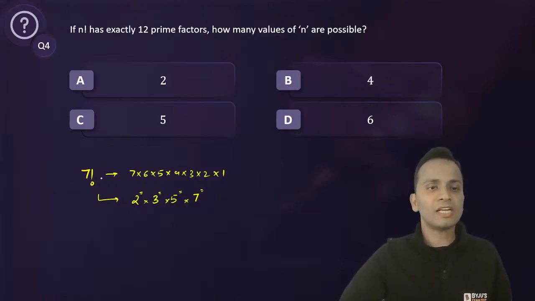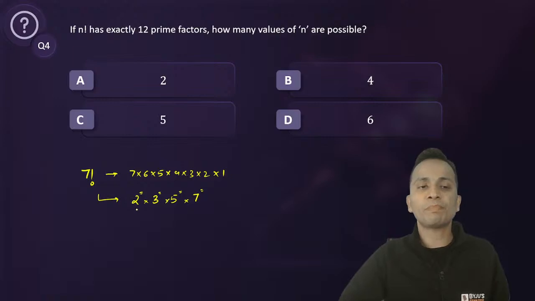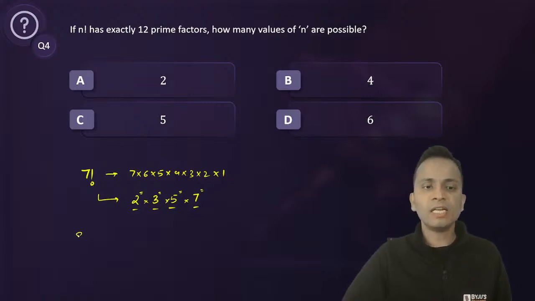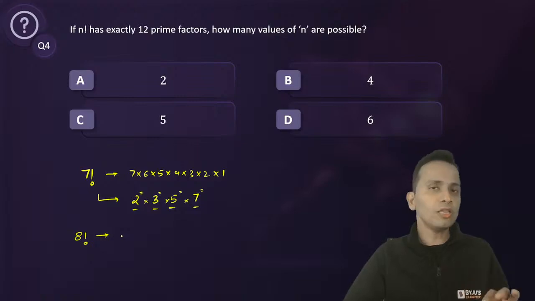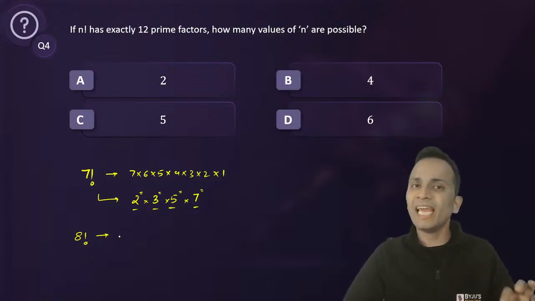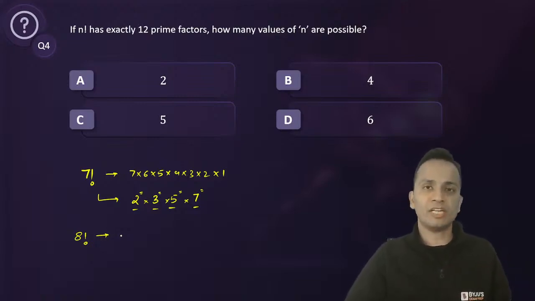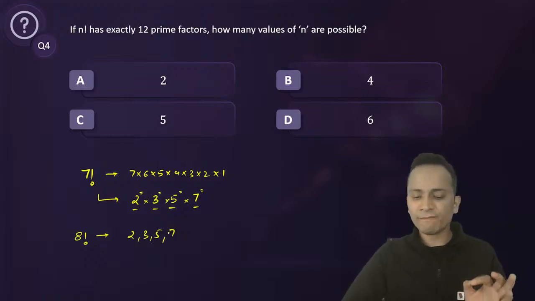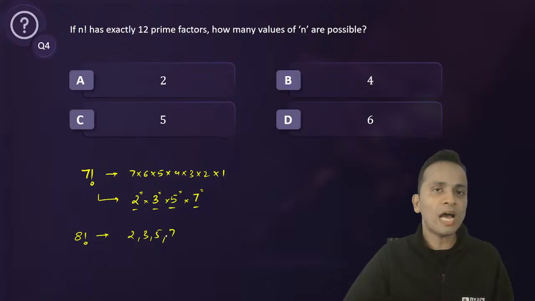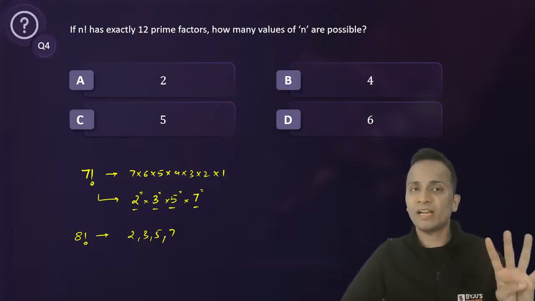So in the prime factorization of 7 factorial, how many prime factors are there? 1, 2, 3, and 4. Similarly, 8 factorial will have all the prime numbers up till 8 in its prime factorization. Now which are the prime numbers up till 8? Same: 2, 3, 5 and 7. So I can say that 8 factorial will also have 4 prime factors.